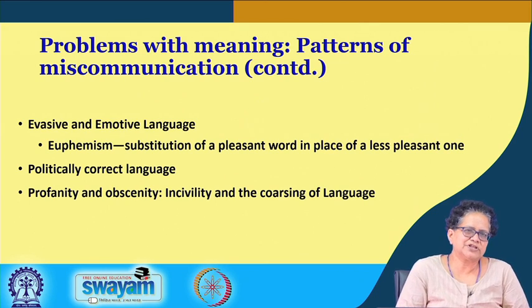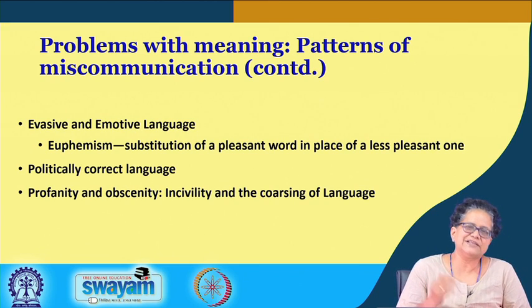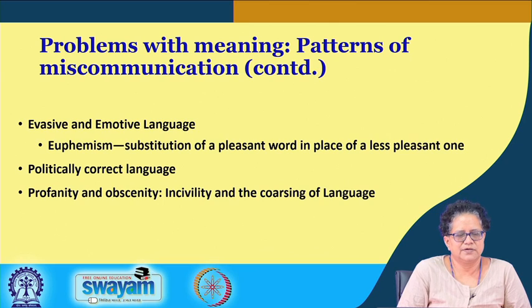Then miscommunication occurs because we use language to evade or we use language to express emotions. Number 2 after bypassing is evasive and emotive language. So, under this comes a phrase or a word called euphemism.